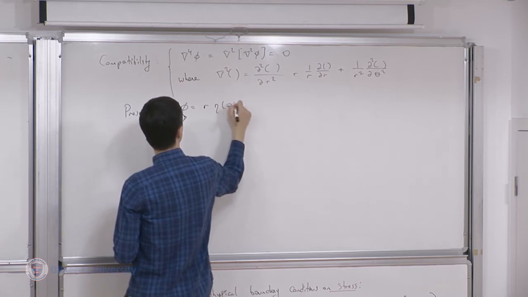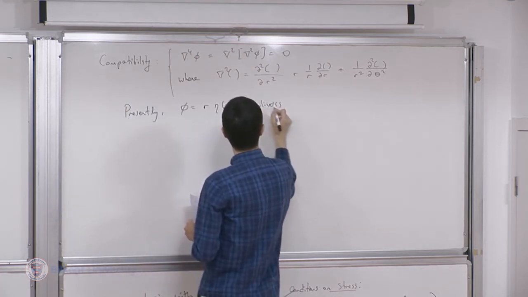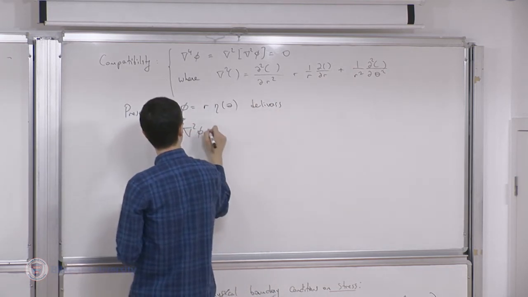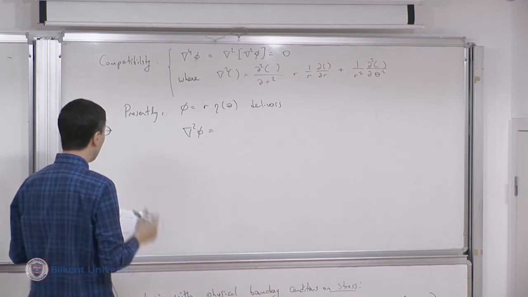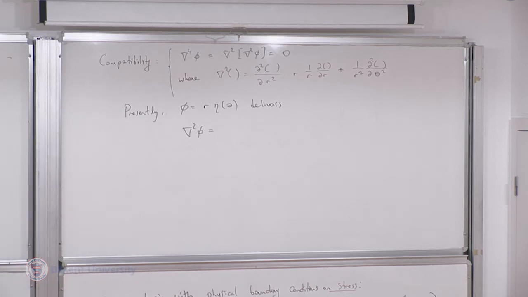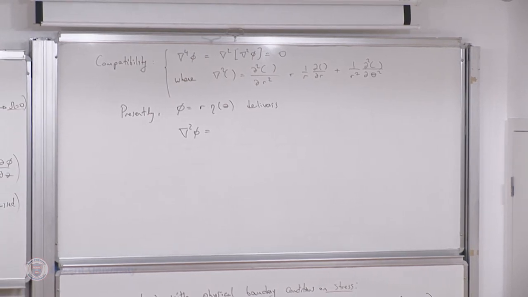So presently we have r eta of theta. If you plug that in, let's first evaluate the Laplacian. Now, one thing you may want to notice at this stage, just eventually it might make our life a little bit easier in the future so that we don't have to reevaluate some terms again and again. I'm going to pull up this board and have a look at the form of the Laplacian.